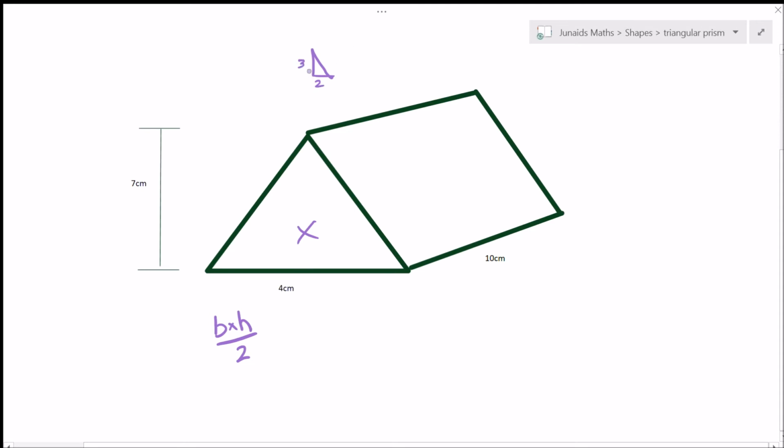But if the shape is not a right angle, so I can see that this triangle does not have a right angle, then I will need a straight upward height. Or in all cases, I do need a straight upward height.